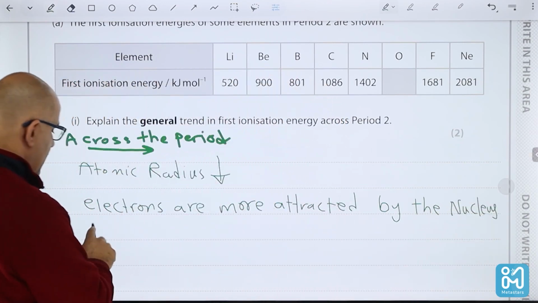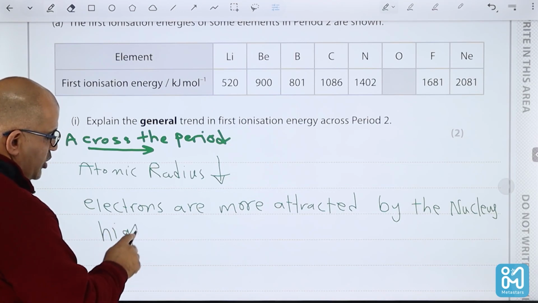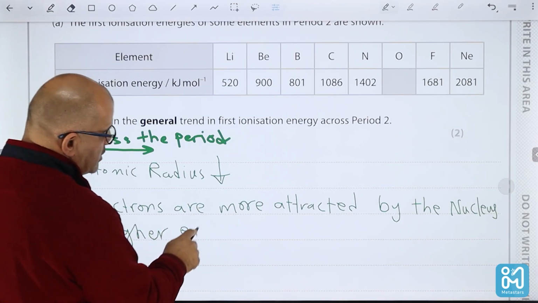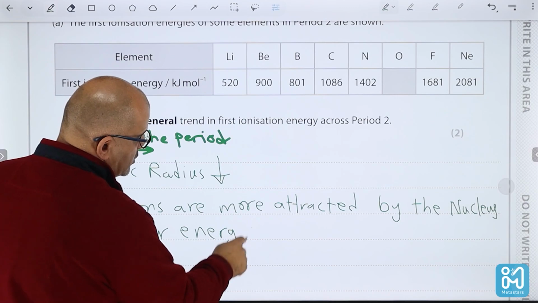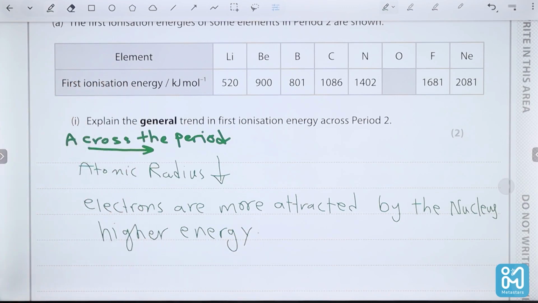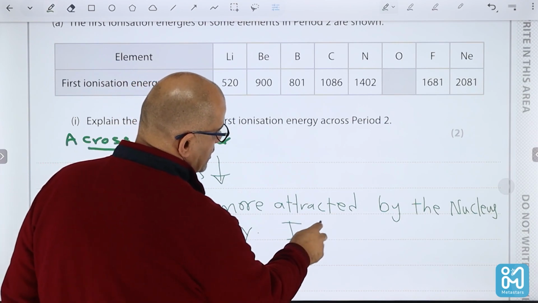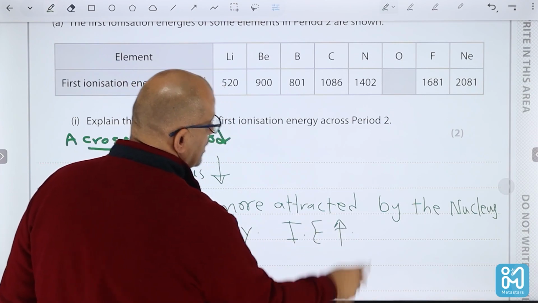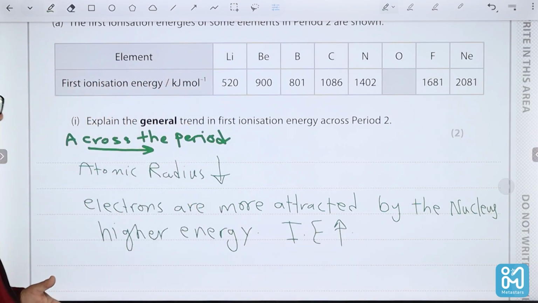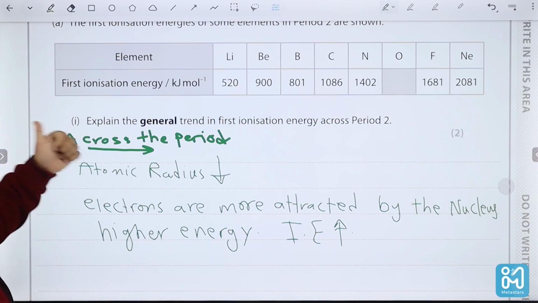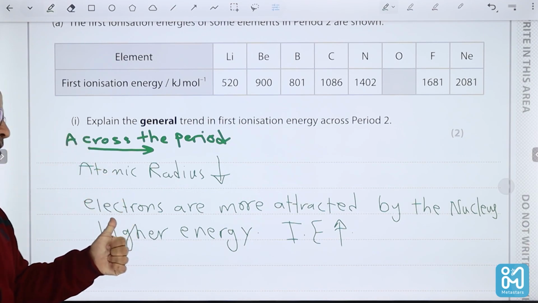So this means that higher energy is needed to remove the electrons. So across the period, ionization energy increases.